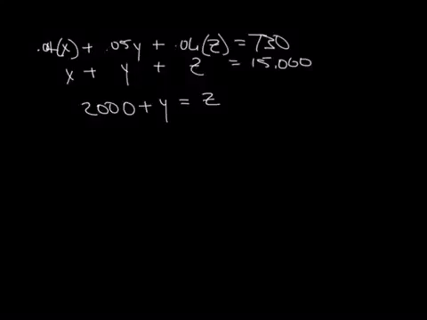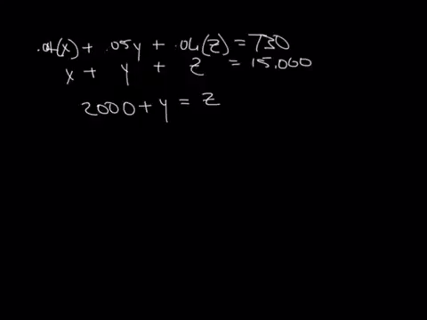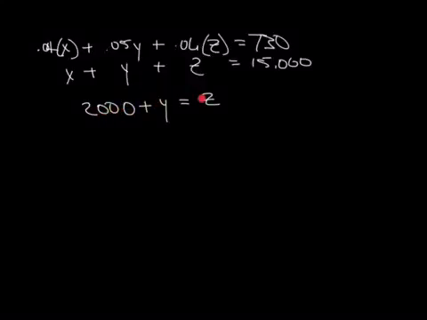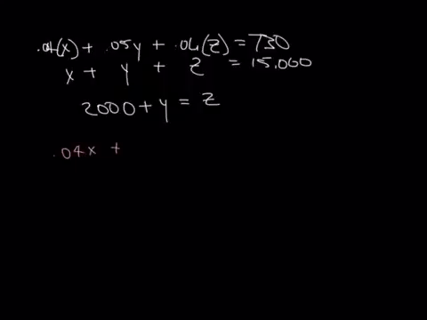Now I have 3 equations, so I start solving. One of the things that's good to see is this is already substituted: 2000 plus y is equal to z. Whenever I see a z up here, I'm going to put 2000 plus y in here, and let's see what we get. 0.04x plus 0.05y plus 0.06 times (2000 plus y) is my first equation.